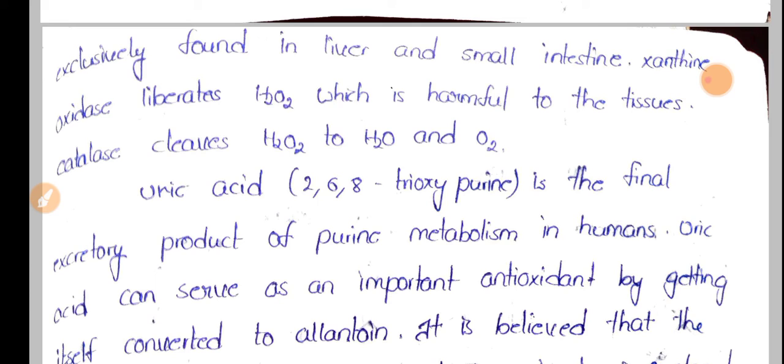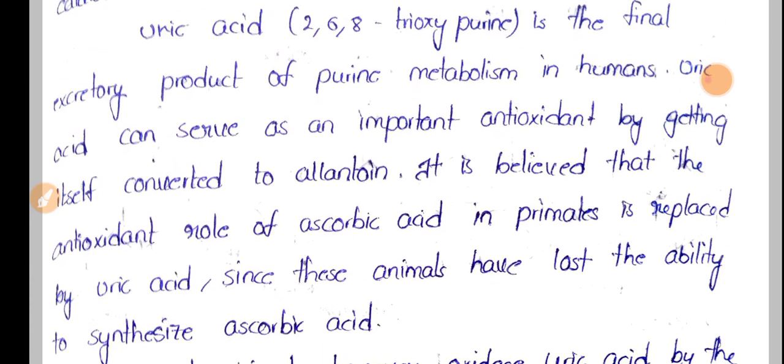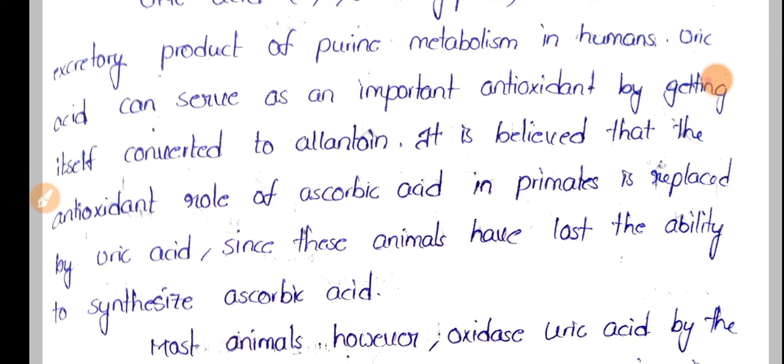Okay, so here uric acid, that is 2,6,8-trioxypurine, is the final excretory product of purine metabolism in humans particularly. So this uric acid is excreted through urine. It can serve as an important antioxidant by getting itself converted into allantoin.